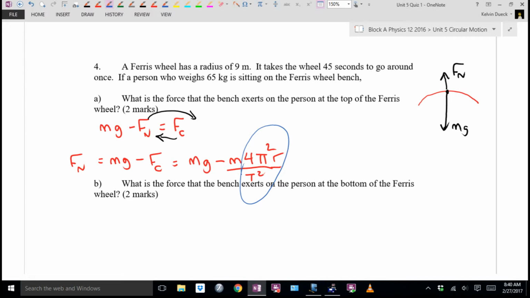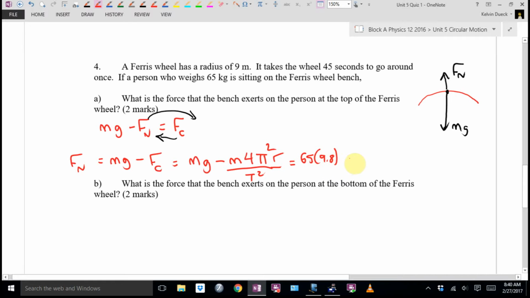Force is ma, f is ma, f is ma. Don't forget the m, because that's a sloppy mistake that can be prevented. It's going to be 65 times 9.8 minus 65 times 4 pi squared r over, oh, not all over, Mr. Duick. Just that is over 45 squared.